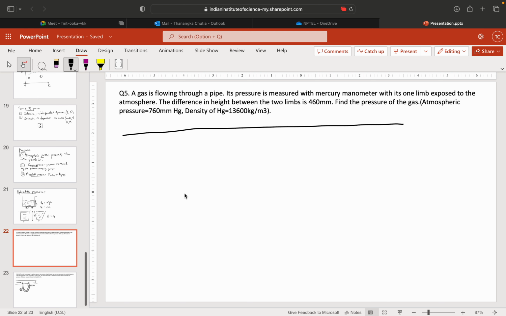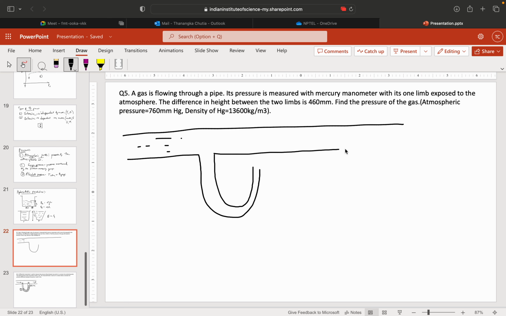Suppose this is my pipe, very bad pipe. Gas is flowing, and a mercury manometer is attached, and the other part of this is exposed to the atmosphere.